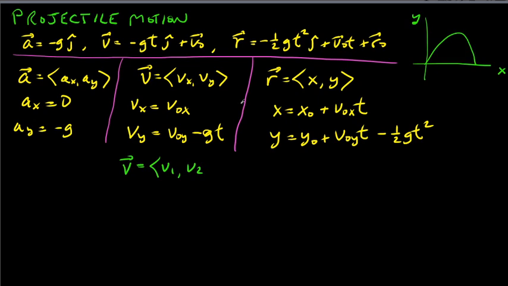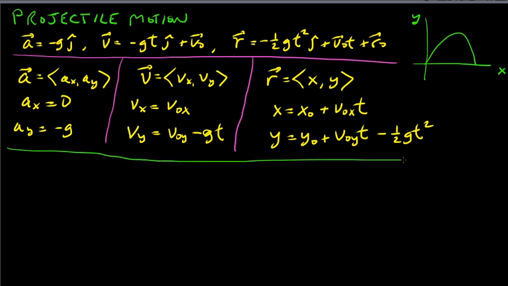So I'm going to call them vx and vy, the x component and y component, and I'll go back to v1 and v2 later. But in your physics and engineering courses, you're probably going to see it like this, with an x and a y rather than a 1 and a 2. So I hope that's okay, at least for now.